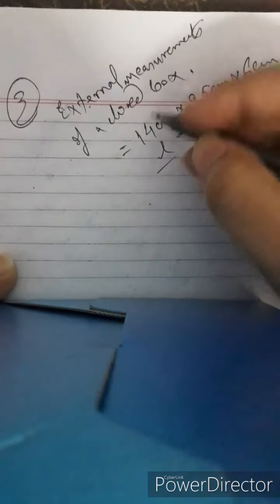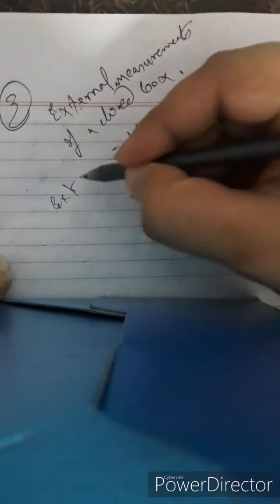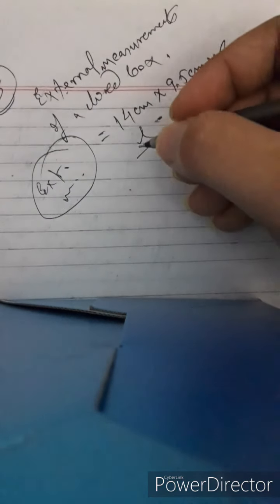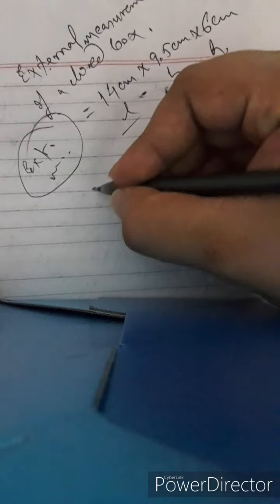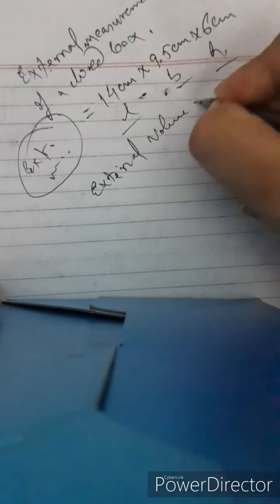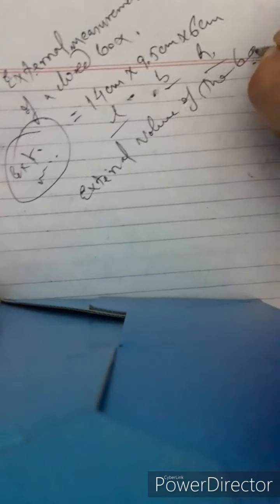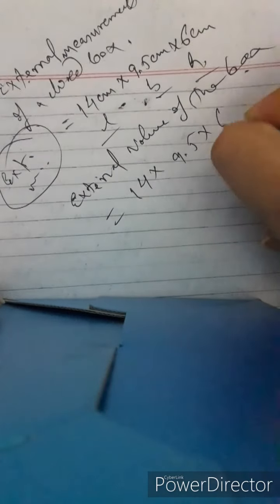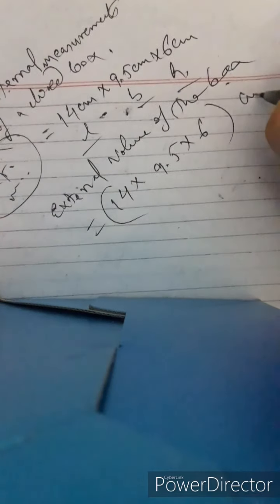All right, these are the external measurements. So the external volume of the box becomes equal to 14 into 9.5 into 6 centimeter cube.